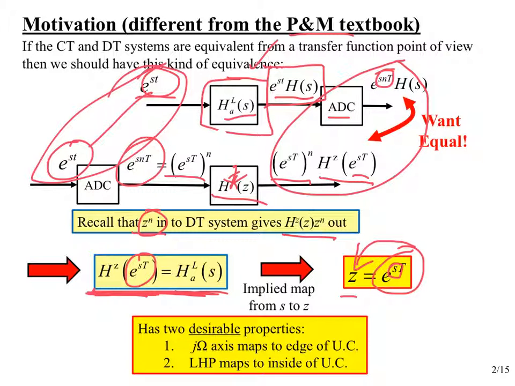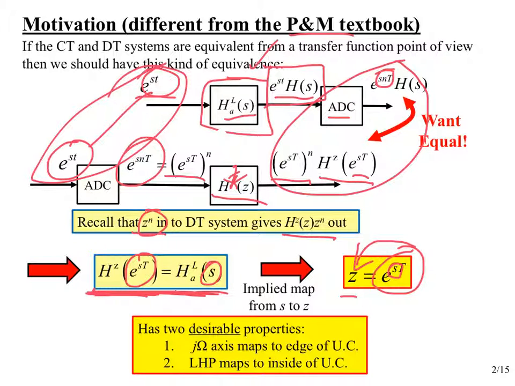Now this mapping has two desirable properties. One is that the j omega axis, so when we let s be equal to j omega, maps to the edge of the unit circle, so that makes sense. Those are the two analogous parts of the two corresponding planes.